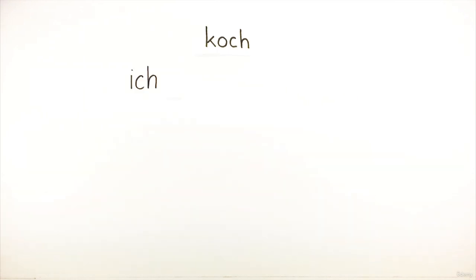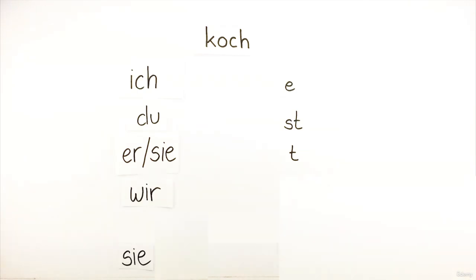So ich, meaning I, likes to have his verb ending in E. Du, meaning you, will have a verb with the ending st. He, she and it, er, sie und es, like a simple t. The plural forms wir, we, and sie, they, and the formal Sie with a capital S, like the ending en. And the plural you, ihr, also takes a simple t.